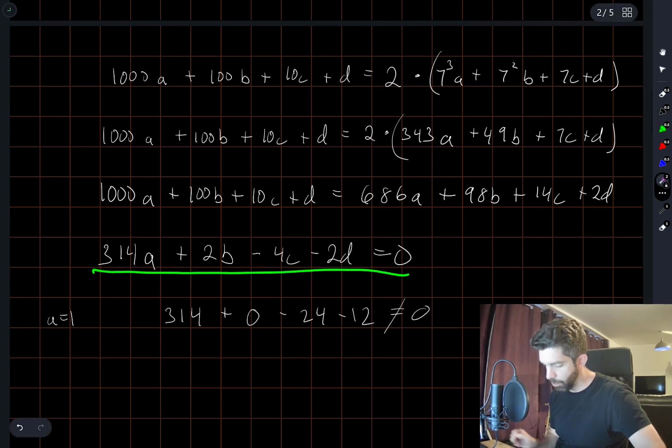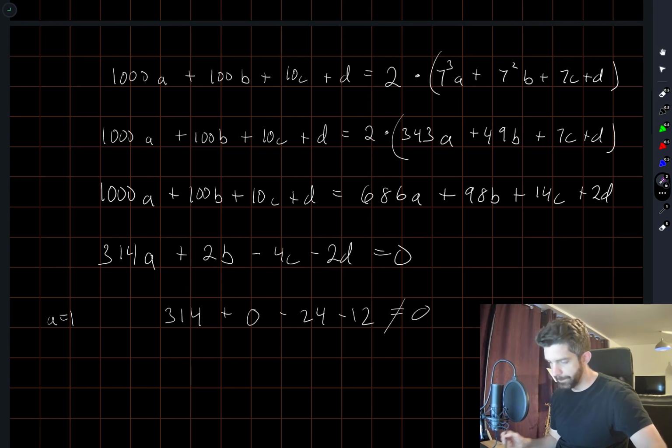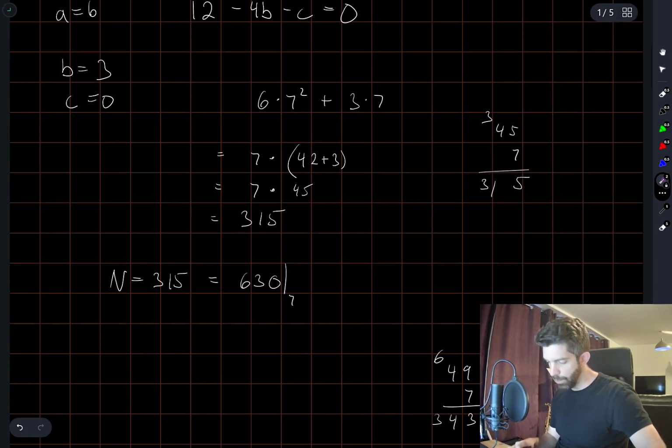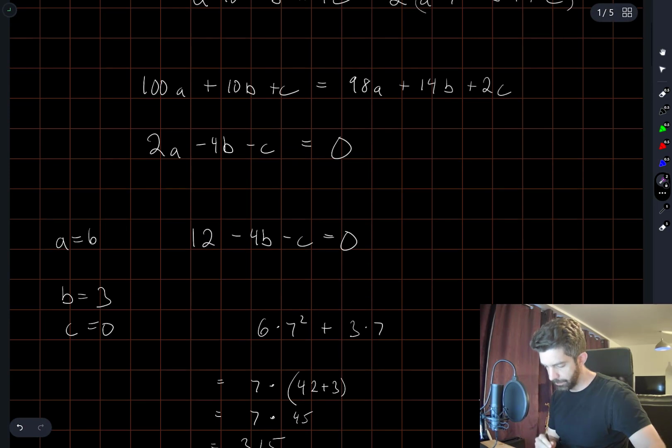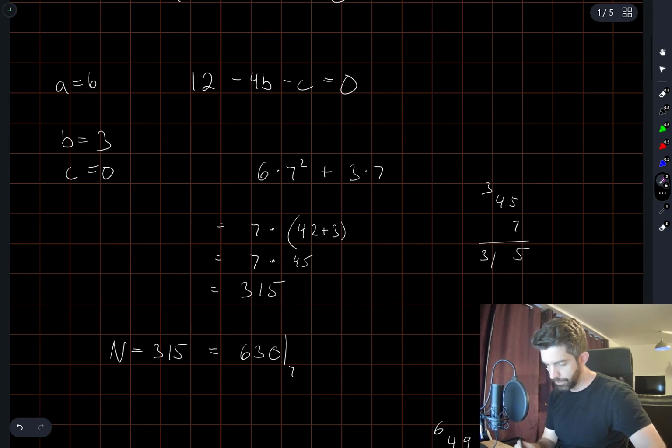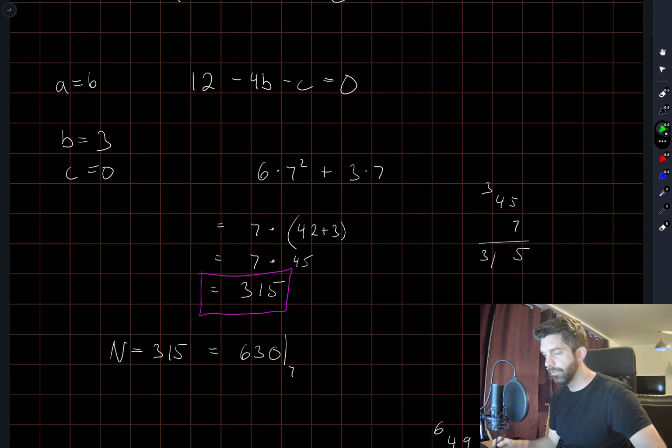So when I go up to the 4-digit version, A has to be equal to 0, otherwise there's no solution. And when I wrote down the 3-digit version, I made the leftmost digit as large as possible by making it a 6, and I did find a solution. So 630 is the base 7 representation of the number. The number itself is 315. So 315 is the largest 7-10 double.